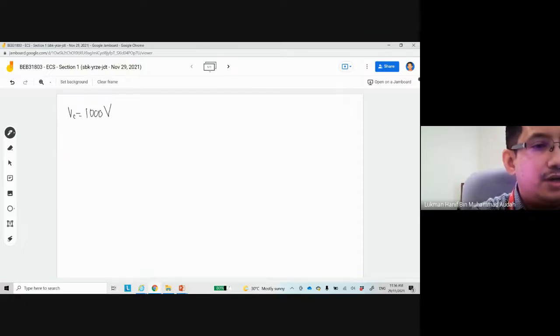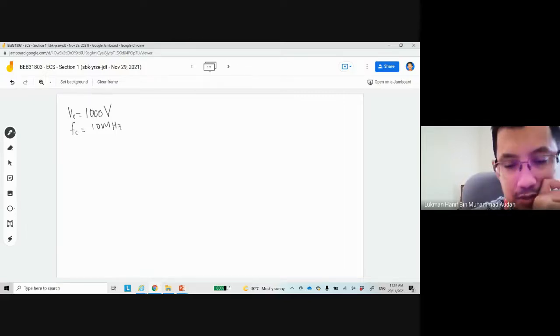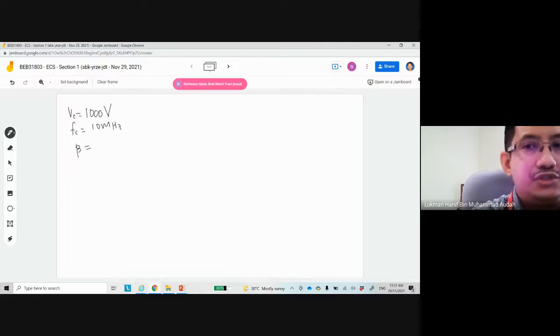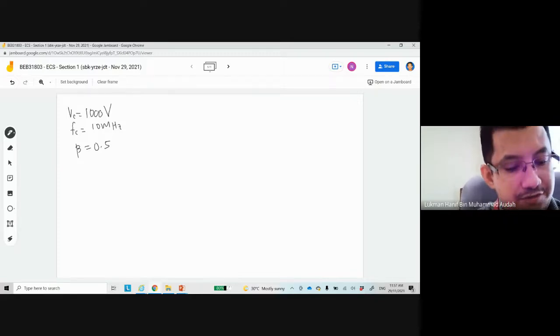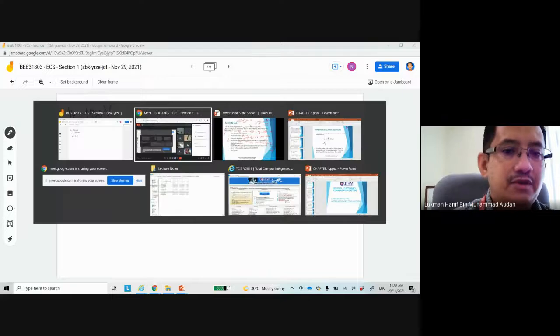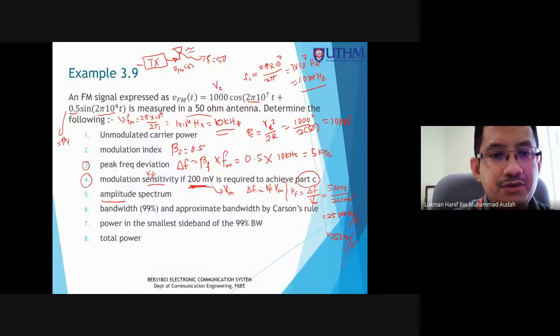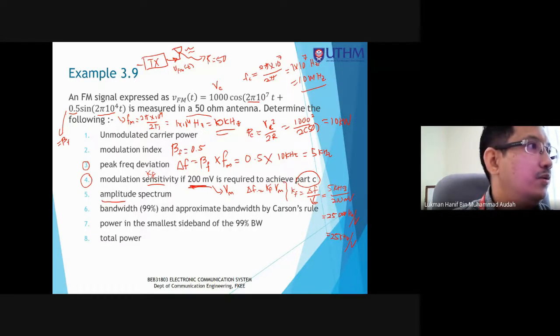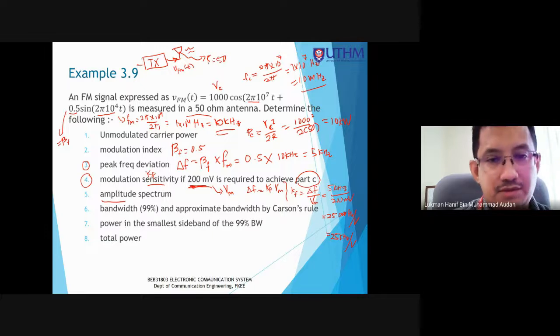You are given Fc, the frequency of the carrier, as 10 megahertz. Beta is given as 0.5. Fm is also given as 10 kilohertz.